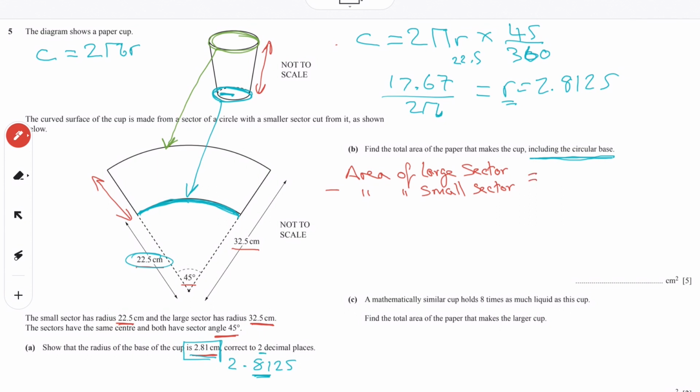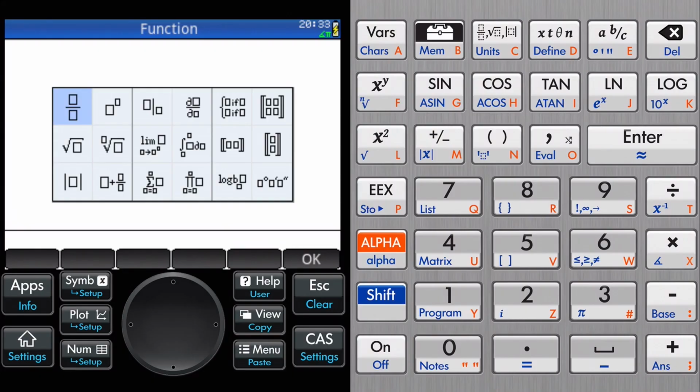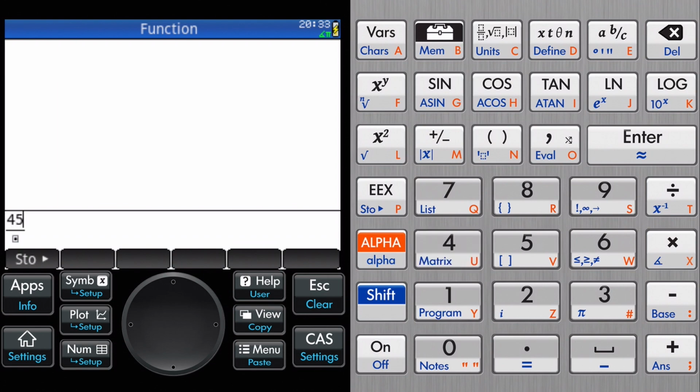I'm going to start at this end, 45 over 360 times pi, but then I'm going to go 32.5, which is this one here, minus 22.5, which is this one here, and I'm going to plug that into my calculator.